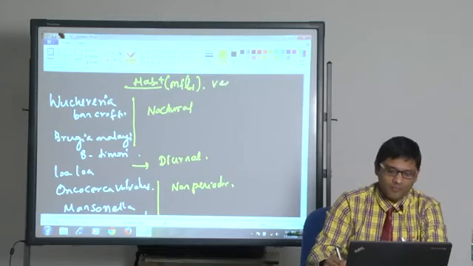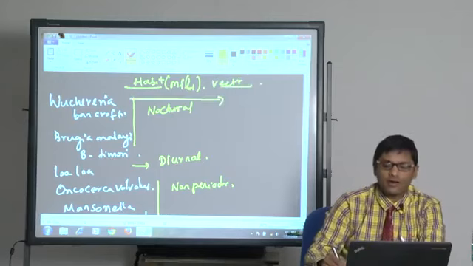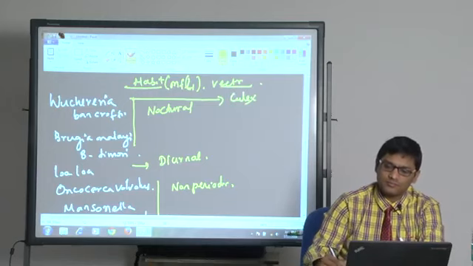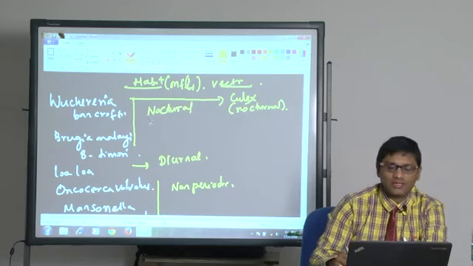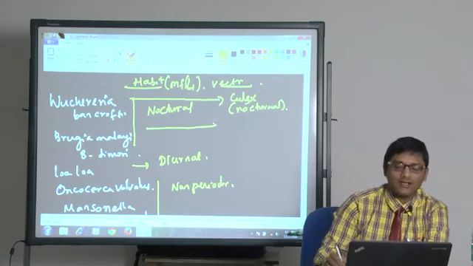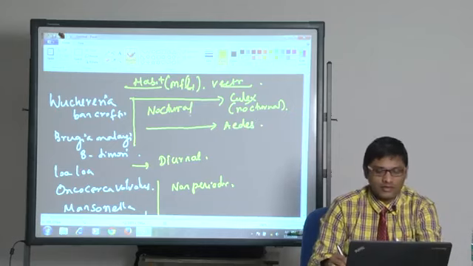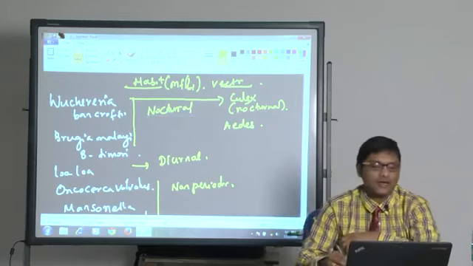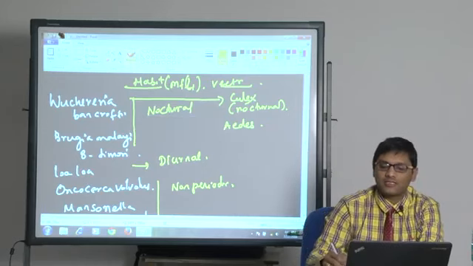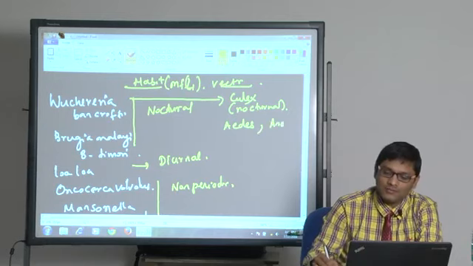Regarding the vector, for Wuchereria bancrofti, the routine vector is Culex, which is nocturnal, whereas the strains that are transmitted by Aedes are sub-periodic in habitat. Wuchereria bancrofti can be transmitted by Culex, Aedes as well as Anopheles.